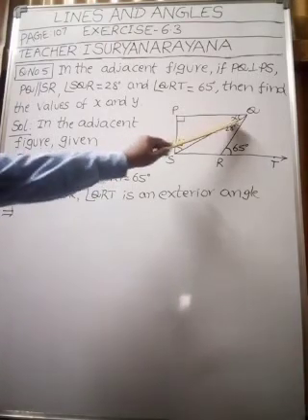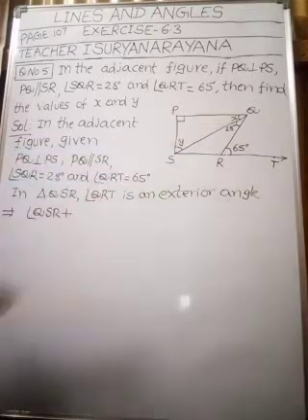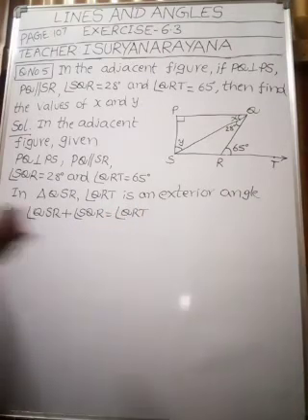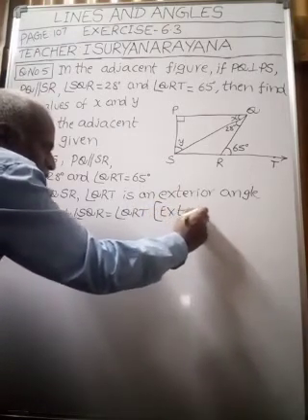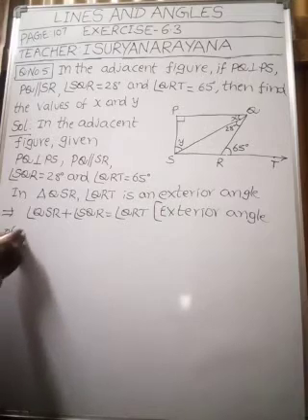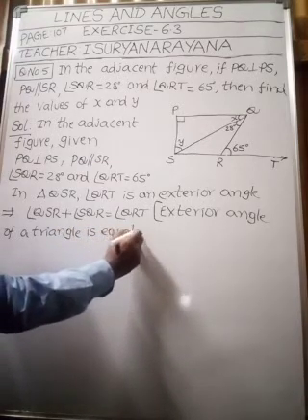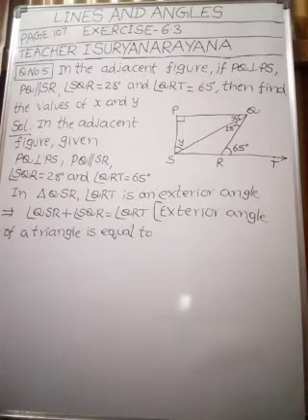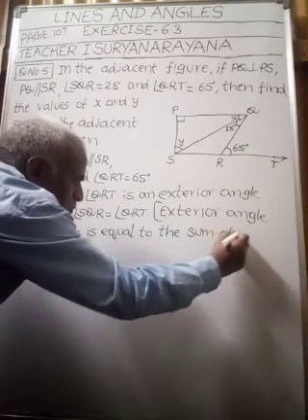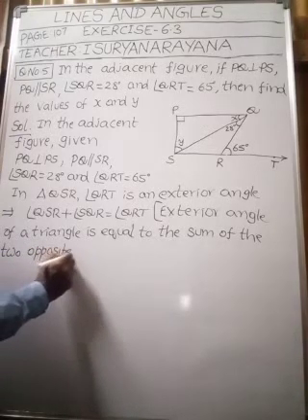So, angle QSR plus angle SQR is equal to angle QRT, because exterior angle of a triangle is equal to the sum of the two opposite interior angles.